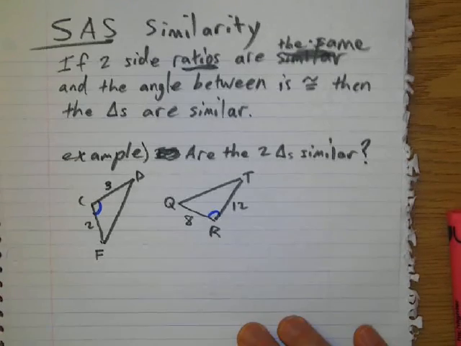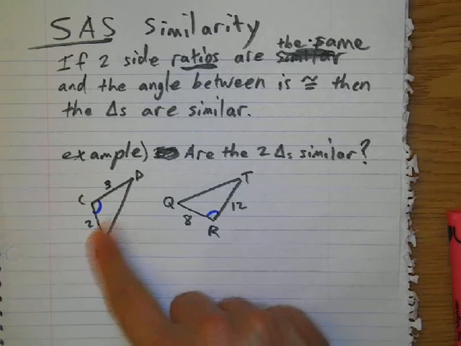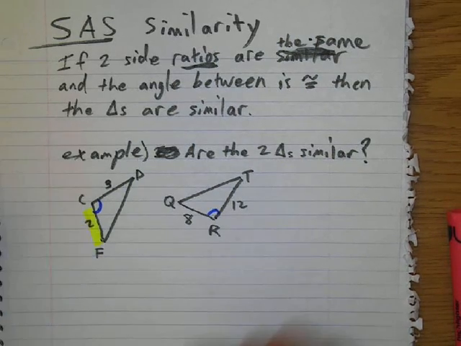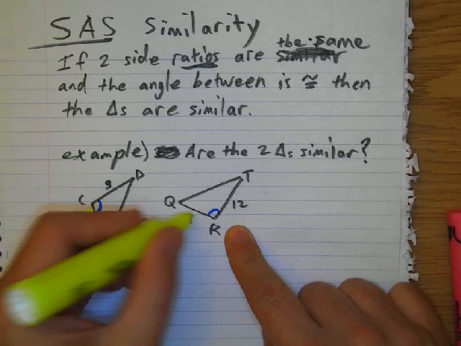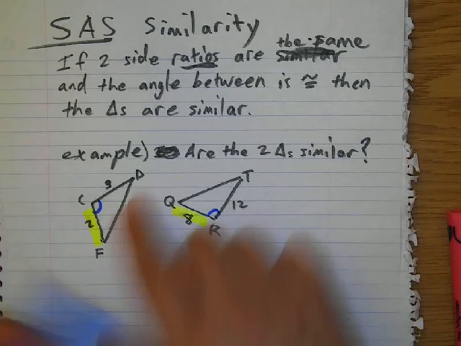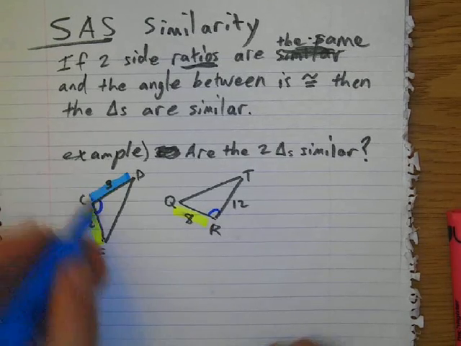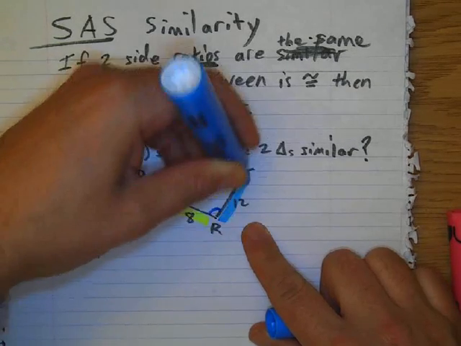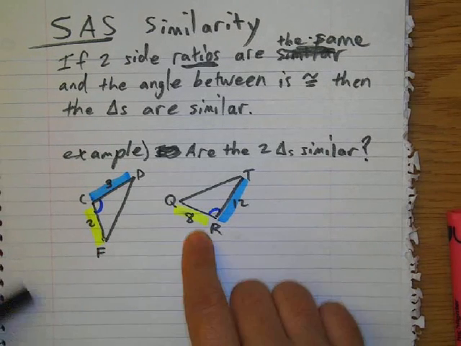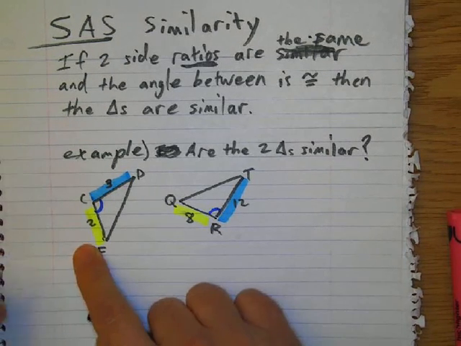Okay, so the shortest of these two sides is 2. Okay, what is the shortest of these two sides? It would be 8. Okay, the longer of the two sides is 3. The longer of the two sides is 12. So, first of all, what is the ratio of 2 over 8?